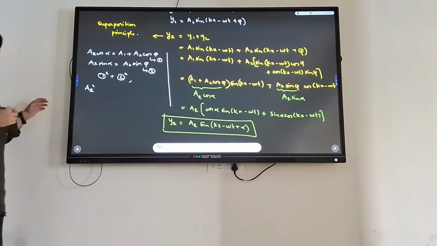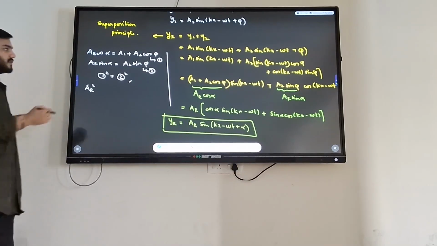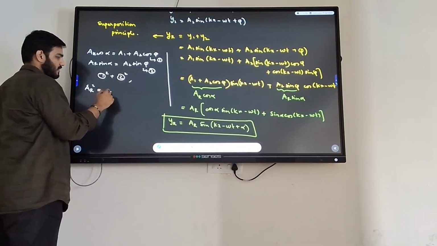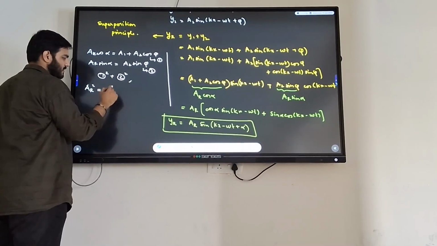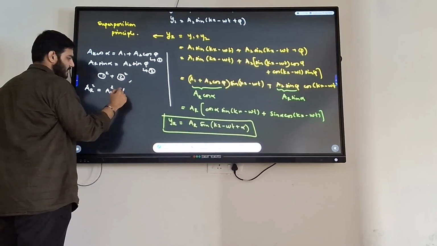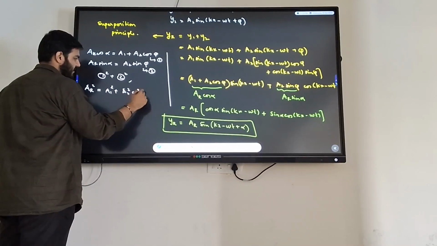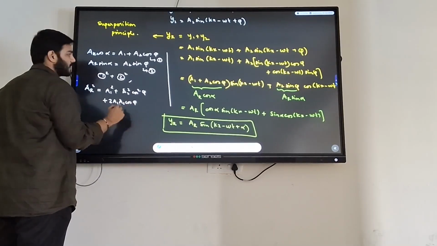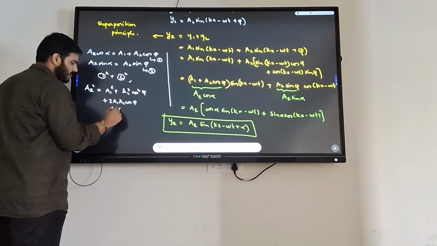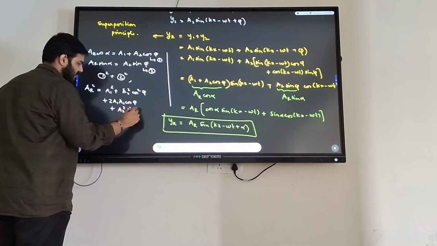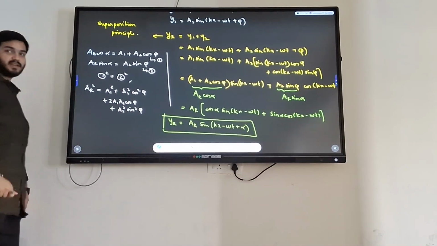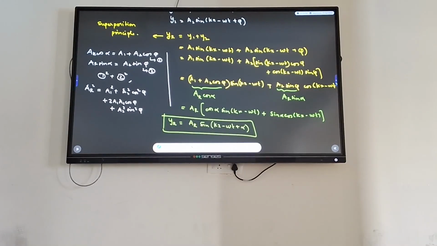Should I do these steps or is it okay with you? What will I get here? (A + B) whole square: A1 square plus A2 square cos square φ plus 2 A1 A2 cos φ plus A2 square sin square φ. Look at this: A2 square cos square φ, A2 square sin square φ. I can take A2 square common, that becomes sin square φ plus cos square φ, again one.